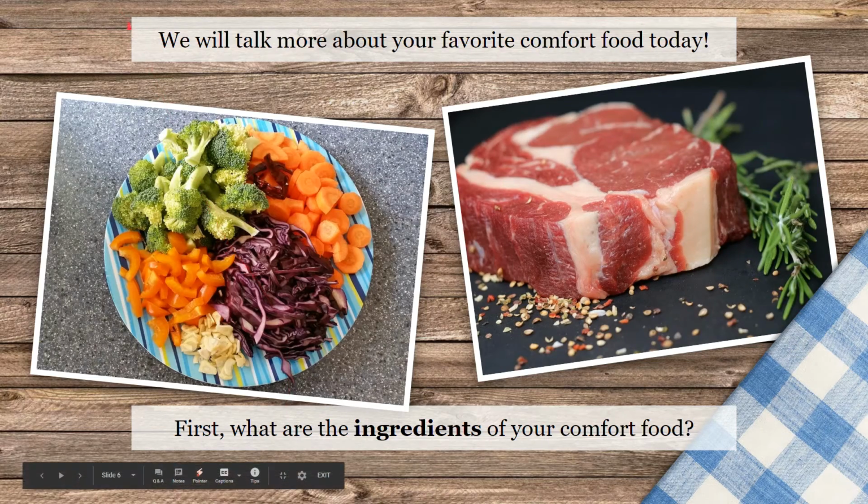So yes, with a recipe, we will talk more about your favorite comfort food today. The first step of a recipe are the ingredients. So first, what are the ingredients of your comfort food?